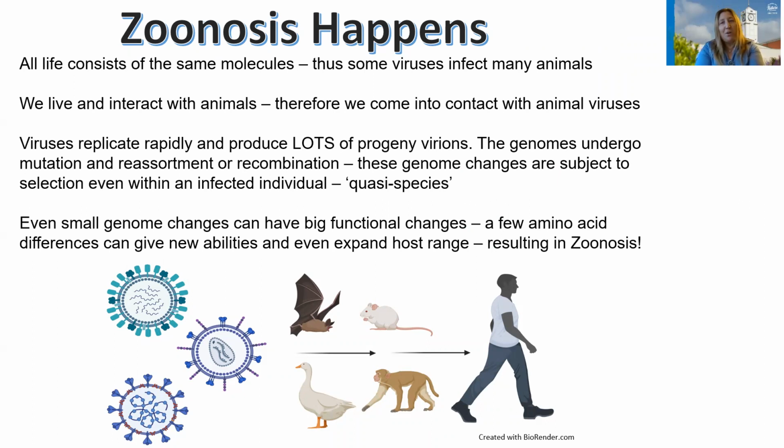And even small changes can have big functional changes. So we saw just a few repeats of nucleotides being added could add basic residues that can provide a new cleavage site so that the virus gains entry into human cells more readily and expands its host range.